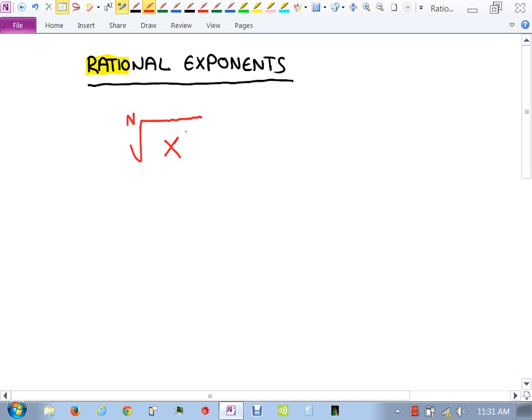Now, this right here, this x, I'm going to put a power on it. I'm going to call it m. This is equal to x raised to the exponent n divided by m.